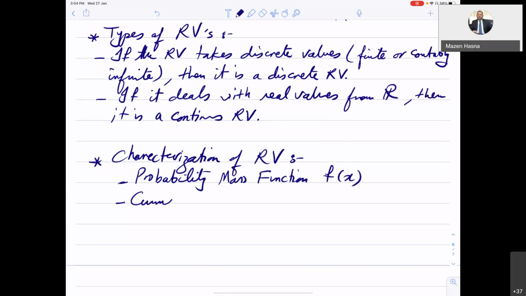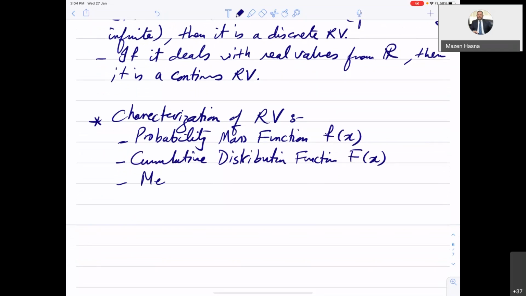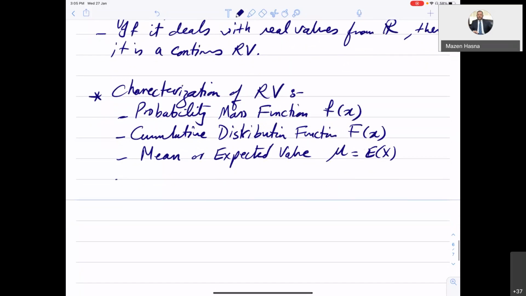We then talk about cumulative distribution function, capital F of x, and we talk about the mean or expected value of a random variable, which we call mu, or expected value of x, and variance of a random variable, which is sigma squared.